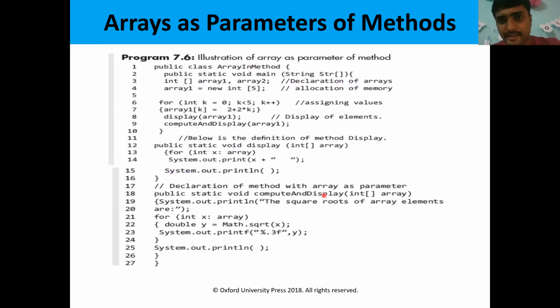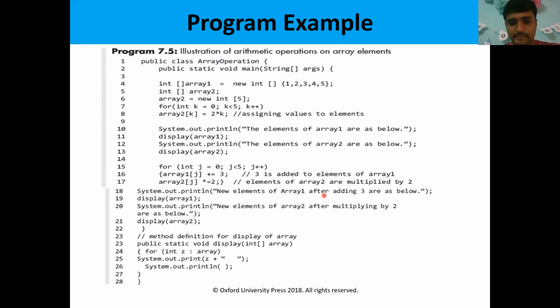So next one, arrays as parameters of methods. Display is a method, and we are passing the parameter as an array. Generally we will use int a, int b, int c and pass the values like this.